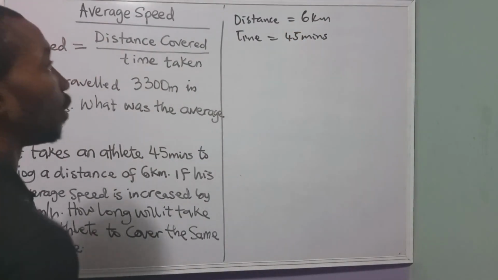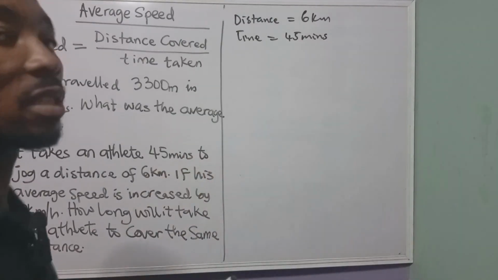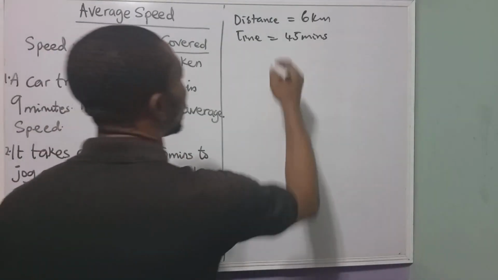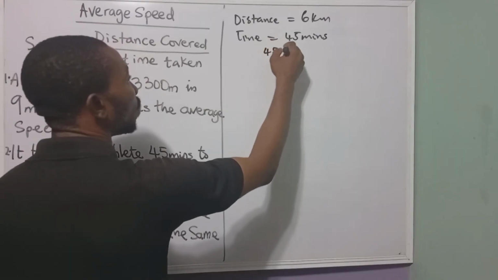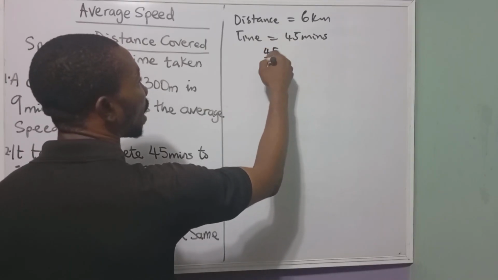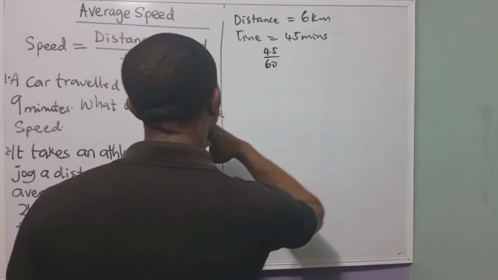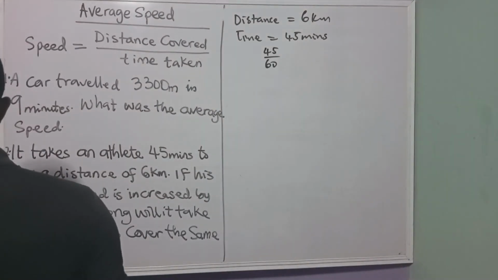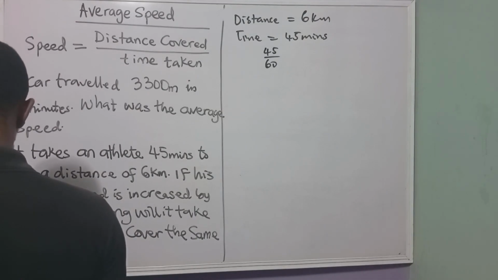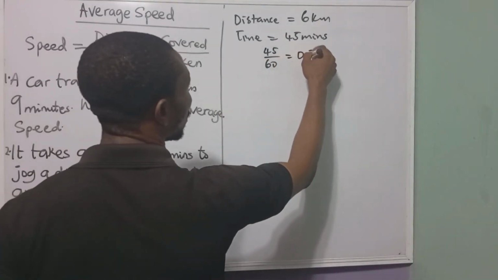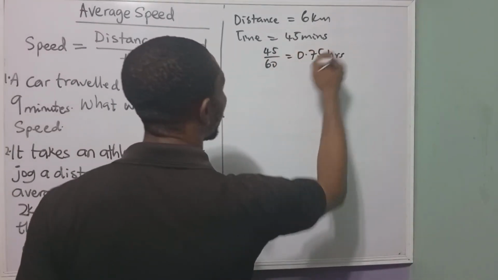So now we need to convert this 45 minutes to hours. So this becomes 45 over 60, 45 divided by 60 would give us 0.75. So this is 0.75 hours.